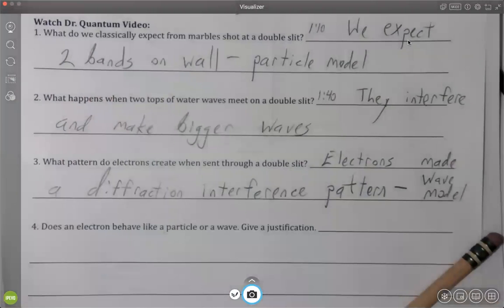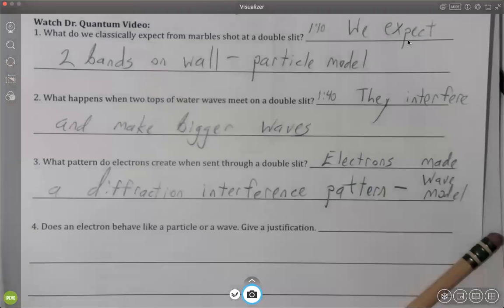Really, that has to be explained only with a wave model. So we classically expect these marbles shot from this double slit to form two bands on the wall. That's that particle model. But we really know that they interfere with one another. And when they interfere, they make this interference pattern, which can only be explained by this wave model.